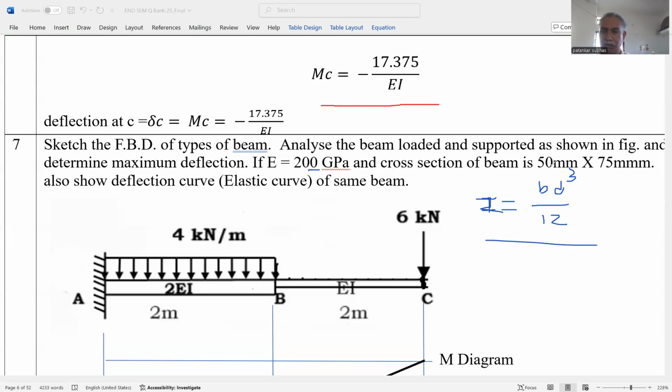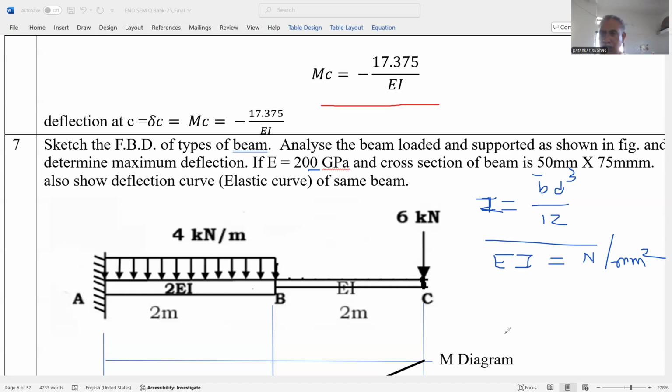Then E is known to you, I is known to you. So flexural rigidity, EI, you can find out either in kilonewton meter square, or Newton per millimeter square, depending on the requirement, you can convert this.